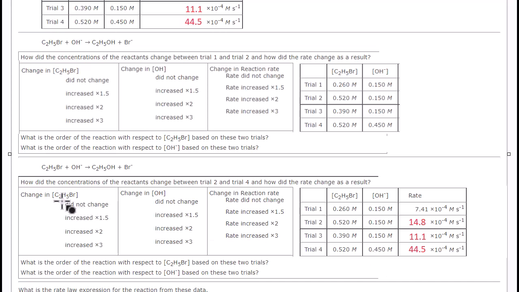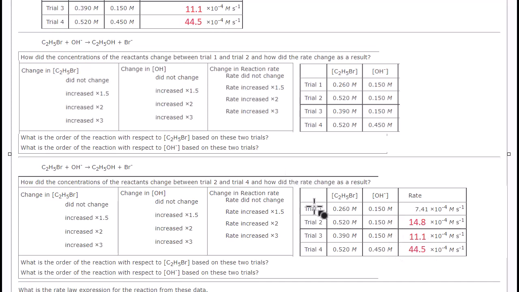So there's no change in the bromoethane, but the hydroxide is tripled. So we made the hydroxide 3 times as concentrated. What happened to the rate of the reaction? Well, here I see it's about 15, and here my rate now is 45. It's tripled too. So we know the hydroxide's important, and tripling triples.